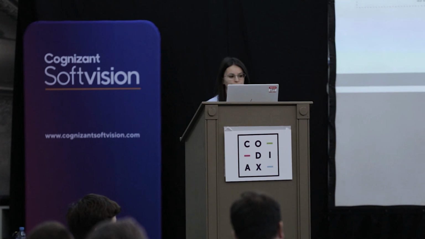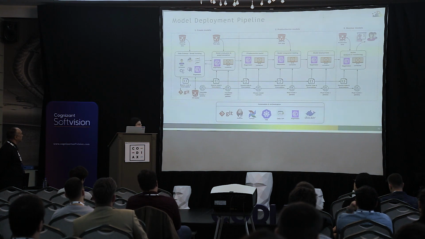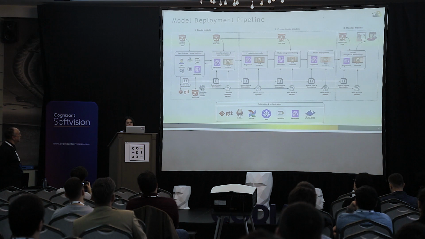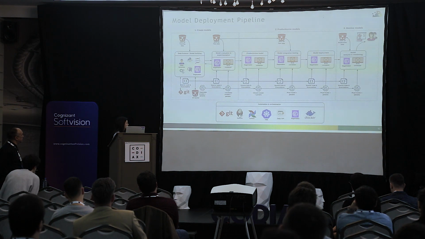Next, they do feature extraction. They experiment with different versions of the models, analyze the predictions in terms of performance and accuracy, and finally choose the final version that will be put into production.